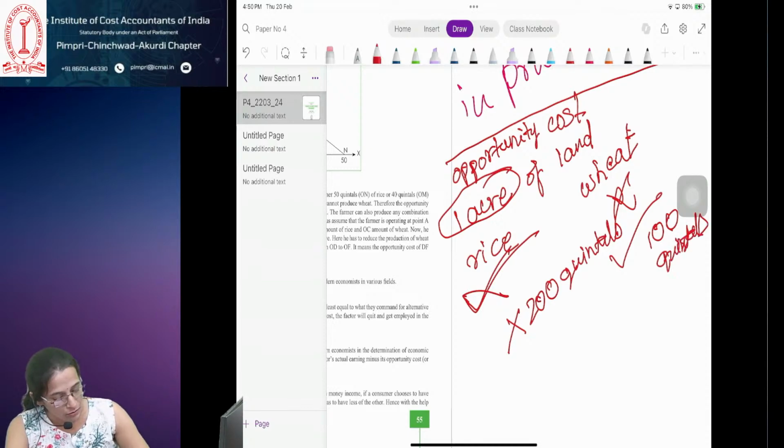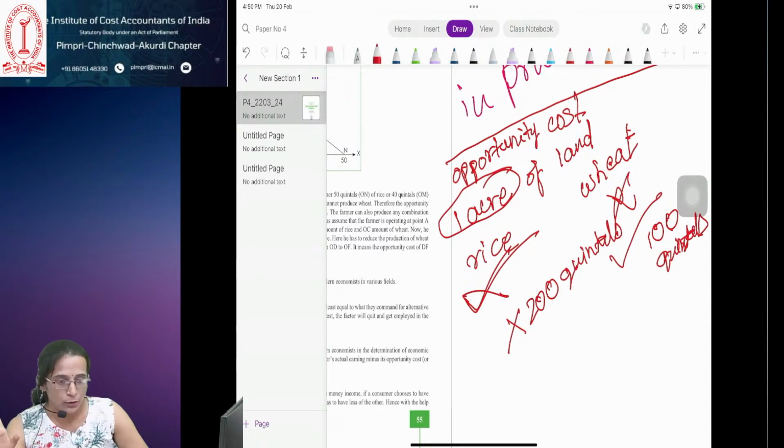So what they are giving is 1 acre of land. If I completely use it for rice, I can produce 200 quintals of rice. If I don't produce rice and completely produce wheat, I will produce 100 quintals of wheat.